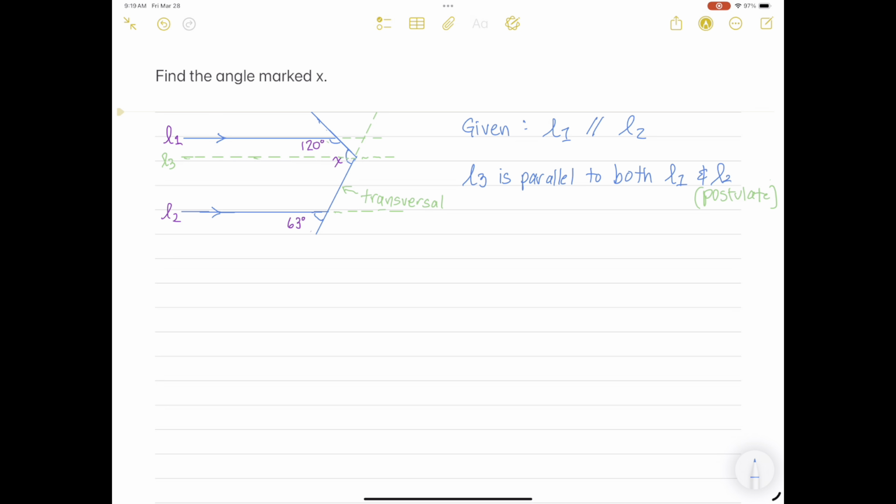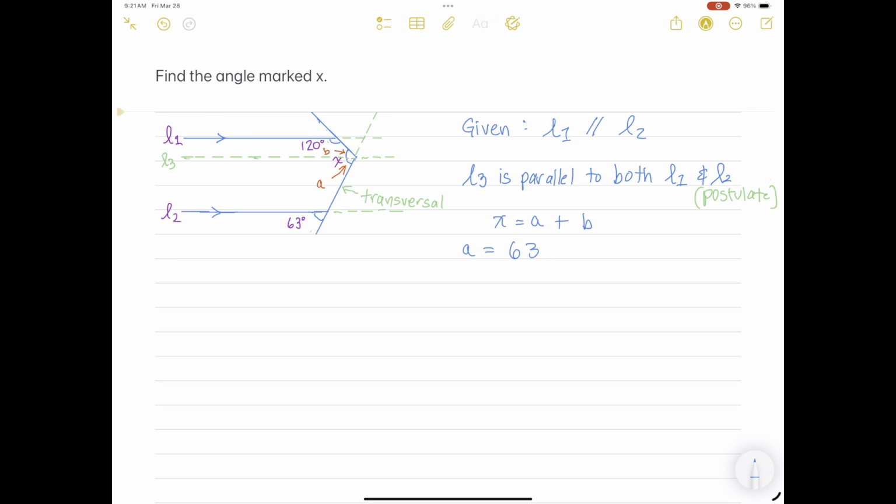And now I will rename angle x, which has been cut by line 3, as angle A and angle B as shown. So angle x equals angle A plus angle B, or x equals A plus B. And from the figure, we see that angle A is a corresponding angle to the angle below line 2, which is 63 degrees.